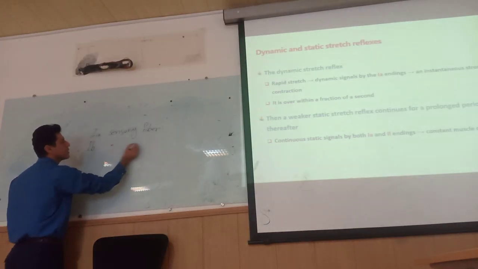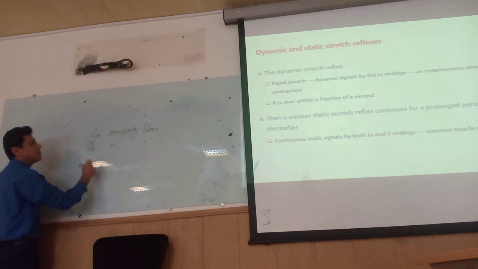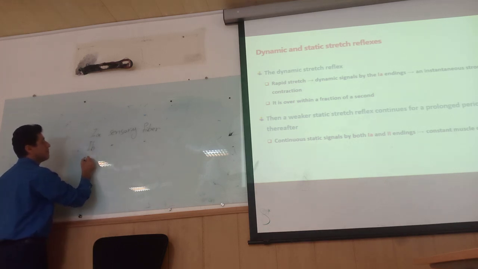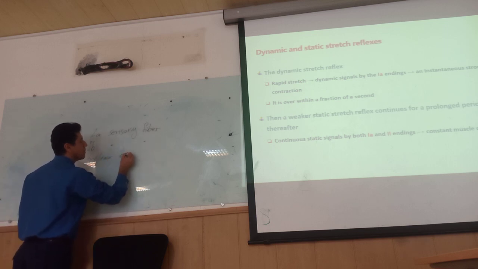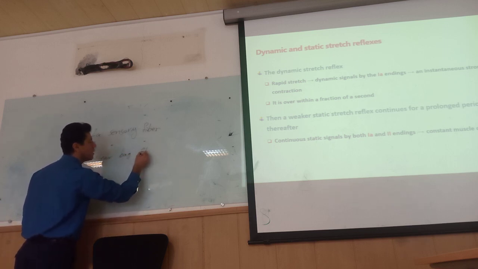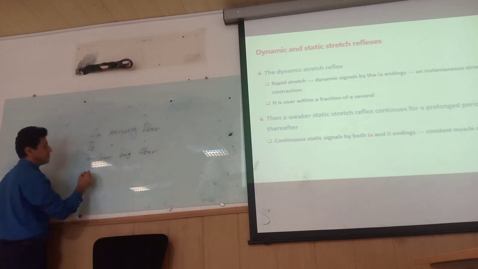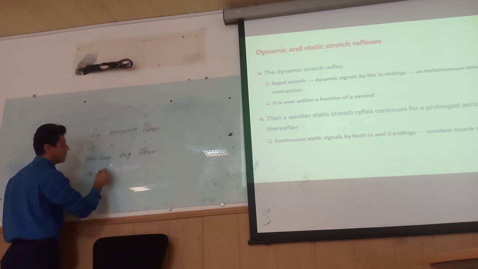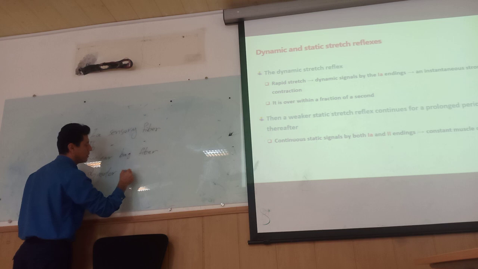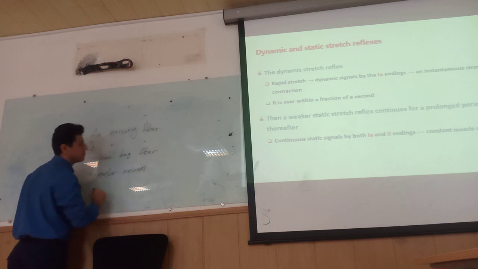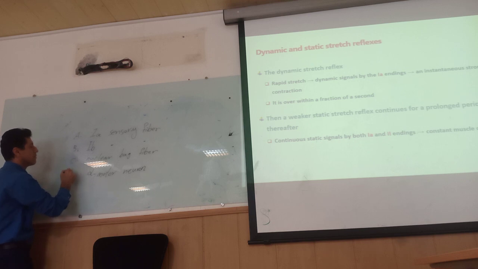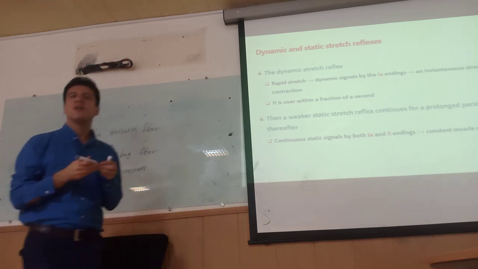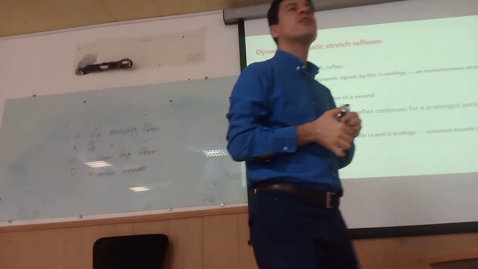C, 1B sensory fiber. D, nuclear bag fiber. E, alpha motor neuron. Which one is not involved in the knee-jerk reflex?